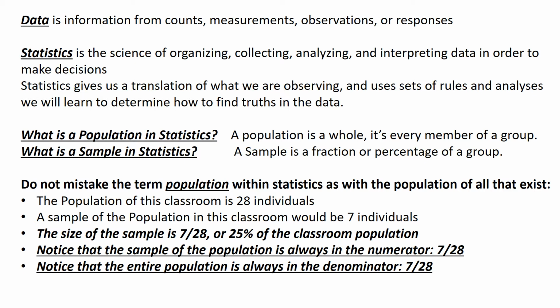If I take a sample of our classroom, for example 7 individuals, as a representation of the population of the 28 individuals, that's 25% of my classroom population. How do I find it? Simply by having the 7, the sample, in the numerator, and then the population, the 28, in the denominator.